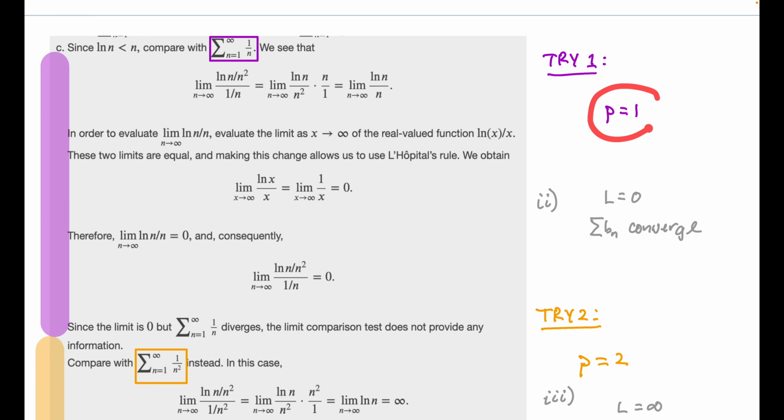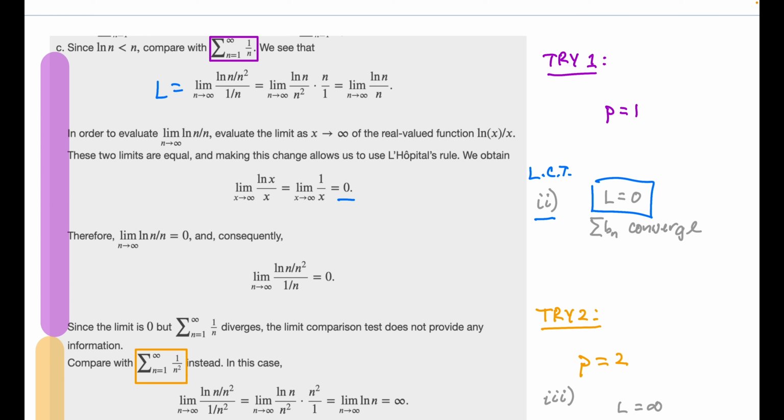In other words, they use for b_n a harmonic series. When they compute out the limit, they find that the limit will be 0.